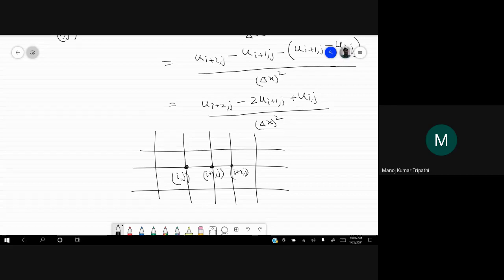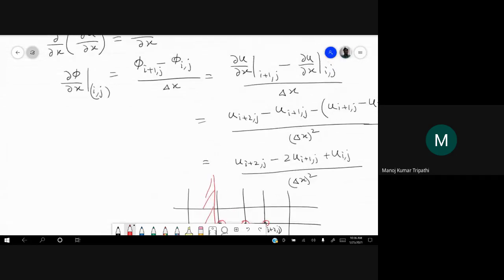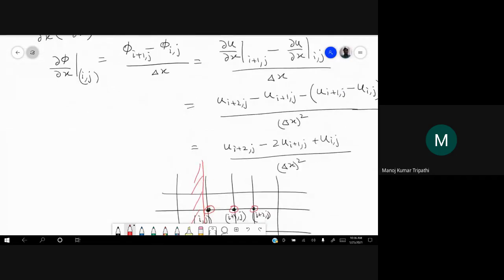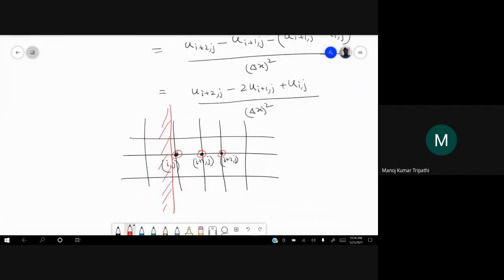So you can see you are using 3 points here: ij, I plus 1 j, I plus 2 j. And this is on one side of the point ij, on the right hand side. So this may be good if you are at a wall here and you want this dou squared u by dou x square.